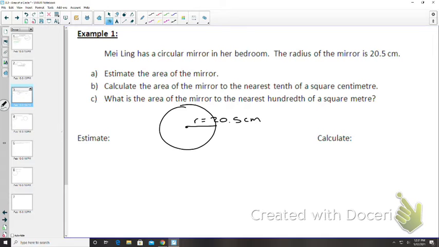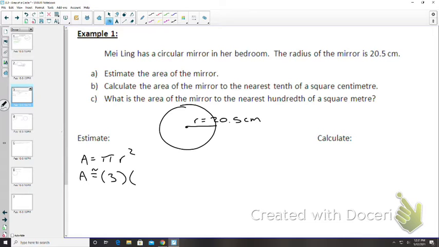Area is equal to pi r squared. Now remember, when you were estimating in last lesson, we just used pi as 3. So this is an approximation. Then we're going to multiply that by the radius squared.